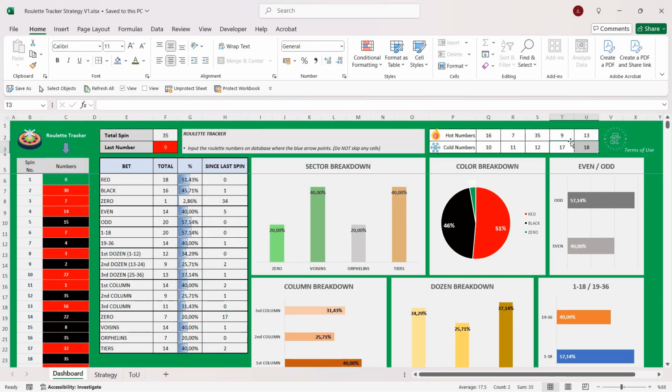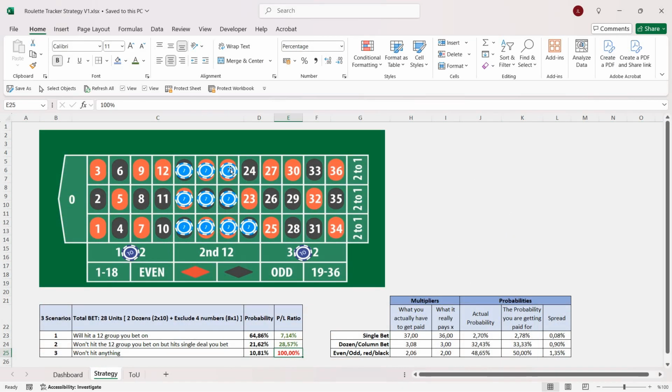Then I look at the hot numbers in the second dozen, the numbers that I usually bet on. For example, in this case, 13 and 16 are numbers that I should bet on. So I decide on the 4 numbers to exclude from the second dozen according to the hot and cold numbers. I also put a bet on 0, so including the 0 that you bet on, I only need 4 numbers to exclude.